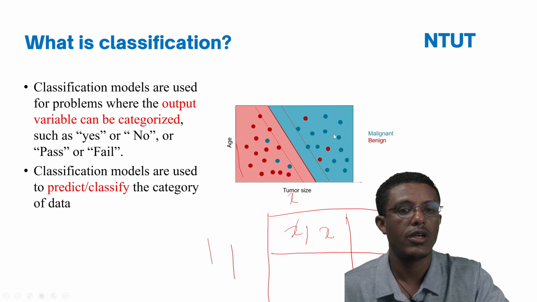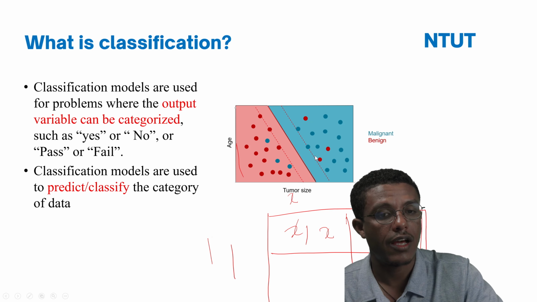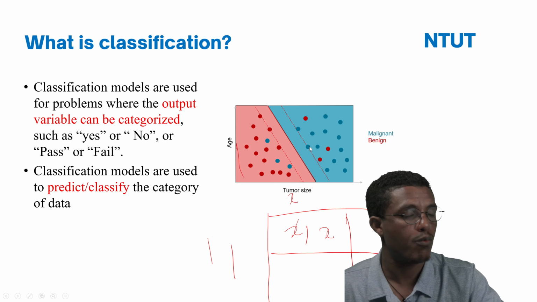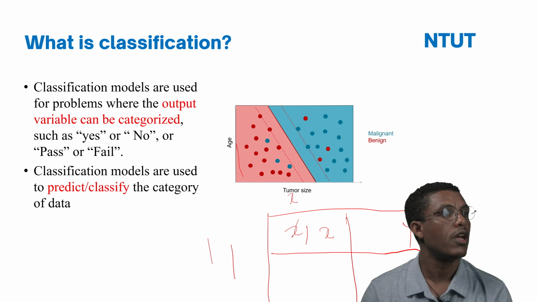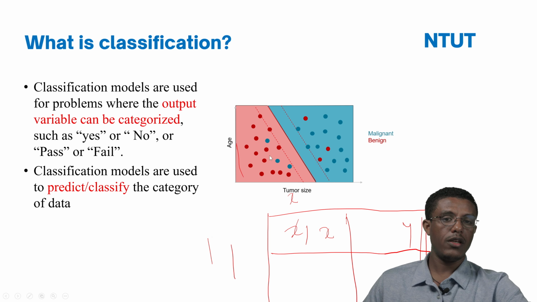Here, some red data is falsely classified in the malignant group when the real one is benign. That is called an error. Likewise, some data is falsely classified as benign when in reality it should be in the other class. That is also an error.